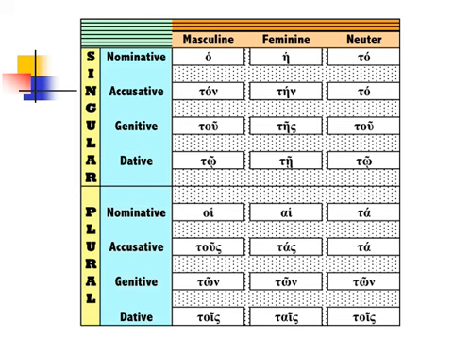Here is a table showing those 24 forms. This is so that there is a proper definite article to go with every masculine noun in whatever case that noun might show up, in whichever number that noun might show up.